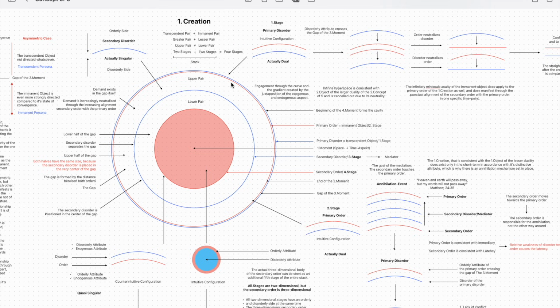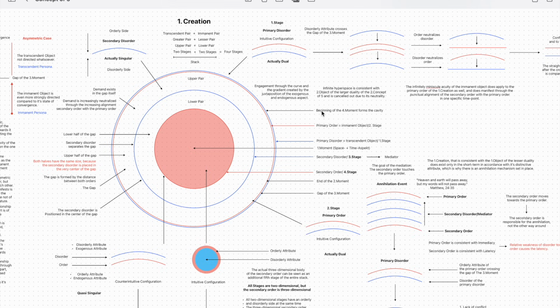So we are only going to look at the direct juxtaposition of both the primary disorder and primary order of the two directly juxtaposed objects of the first creation, while not regarding the infinite and neutral transcendent hyperspace that does transcend the confines of the first creation.